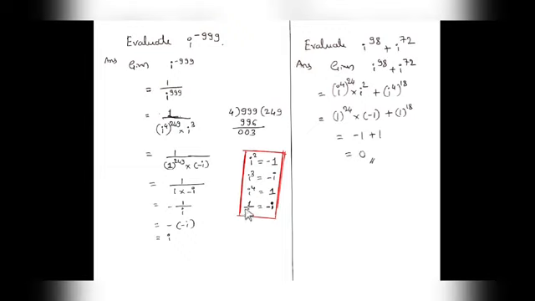Minus 1 upon i is minus i, hence minus of minus i, minus into minus, is plus i. Plus i is the simplified value of i raised to minus 999.